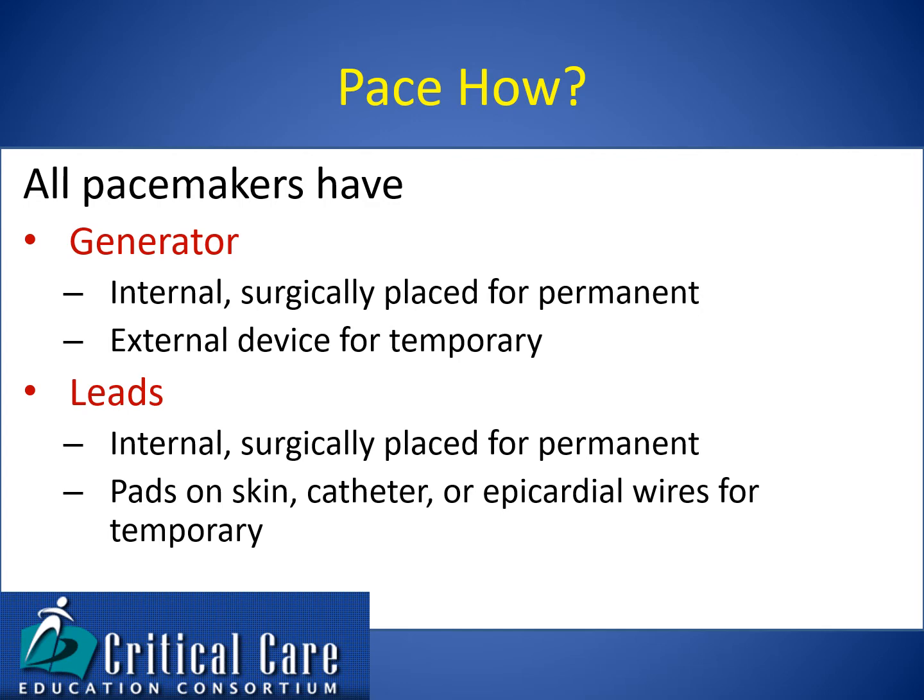A generator, which for permanent pacers will be internally surgically placed, or there are external devices for temporary use. And the leads: these would surgically be inserted into the myocardium, or if there are external or temporary measures of pacing, they can be placed with pads on the skin, a catheter inserted through the IJ or subclavian, or epicardial wires that sit on the outside of the heart for temporary use.